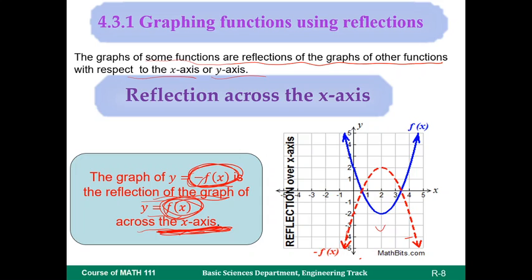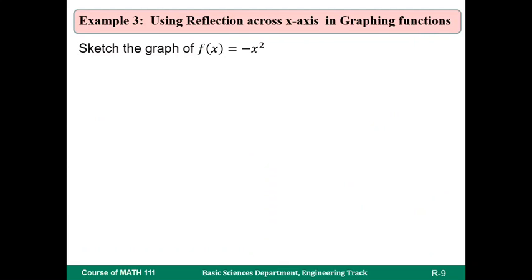This will allow us to make graphs by using the reflection across the x-axis. For example, you have negative x squared. Of course, you can do the usual graph plotting and sketching procedure, but there is no need for this because we already know the x squared graph, it's this.